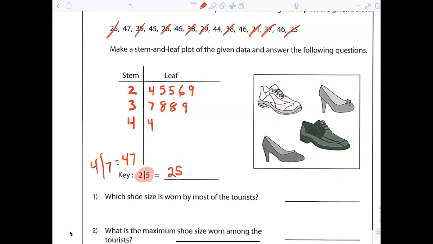Hold on a second. 44, and 46 three times. Wait a minute, that's what I'm saying, you've got to be careful. Don't forget the 45, right? That's why I crossed them out. How many? Three 46s. And 47, and then 47.